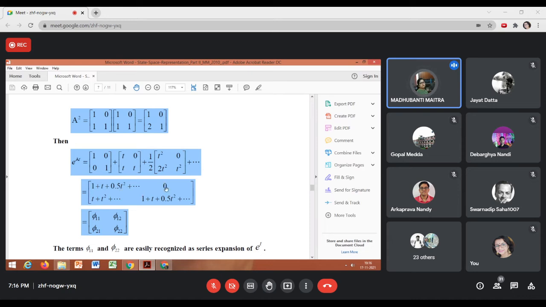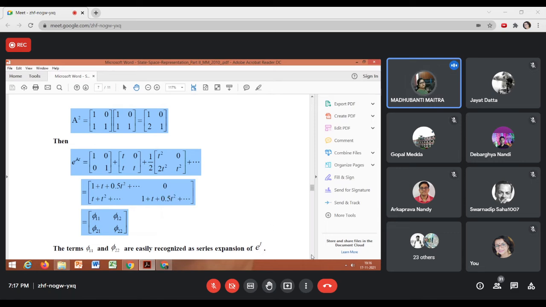The second element of the first row will be 0 plus 0 plus 0, that is 0. Now, the first element of the second row will be 0 plus t plus t square, so t plus t square. And the second element of the second row will be 1 plus t plus 0.5 t square again.